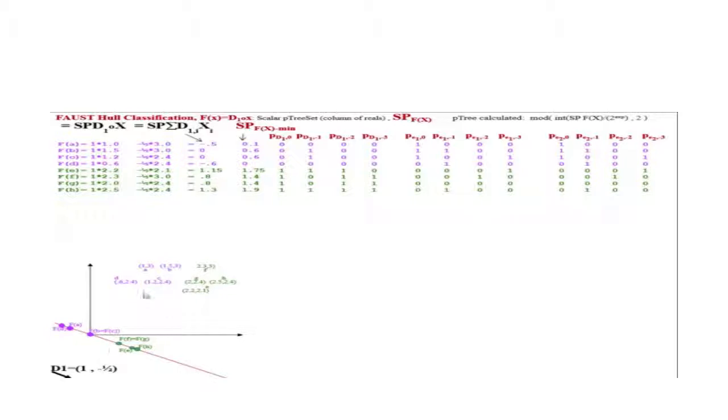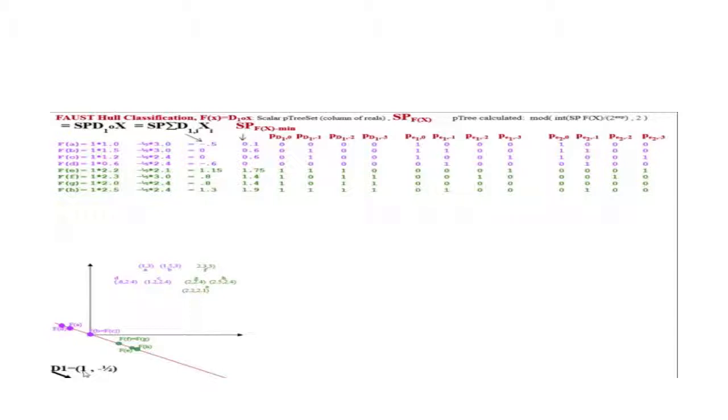If we are going to implement the FAUST hull classification, we also need to have one unit vector. A unit vector is a vector which will be chosen by us depending upon what kind of data we are having. Here you can see that d1 is a unit vector.